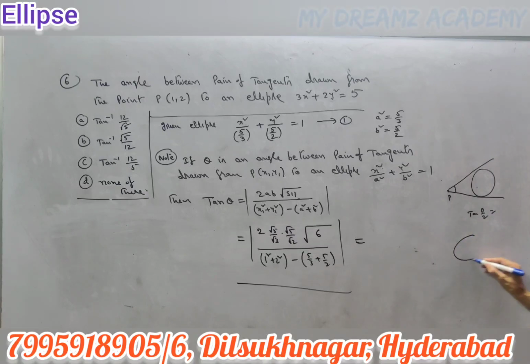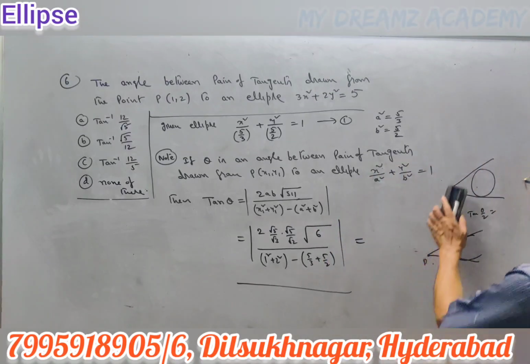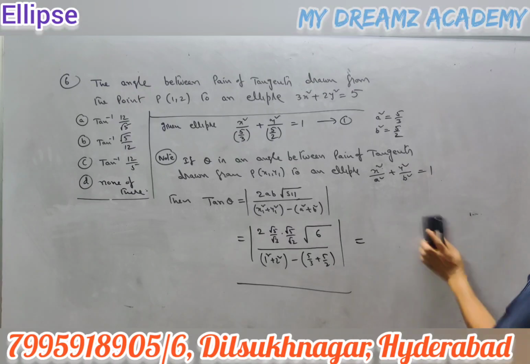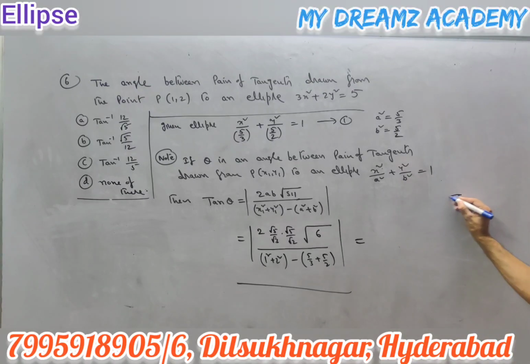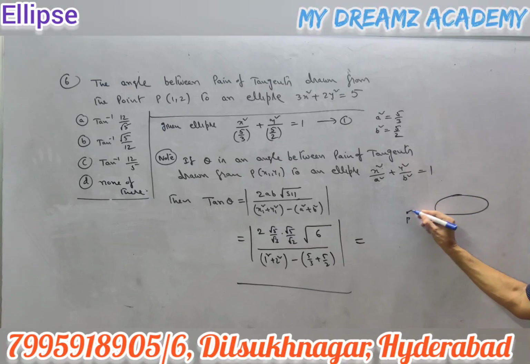Similarly, when a parabola is given, we can find the angle between the pair of tangents drawn from P. There is a formula: root S11 by x1 plus a. In the same way, the formula comes when an ellipse is given and a point P is given outside.